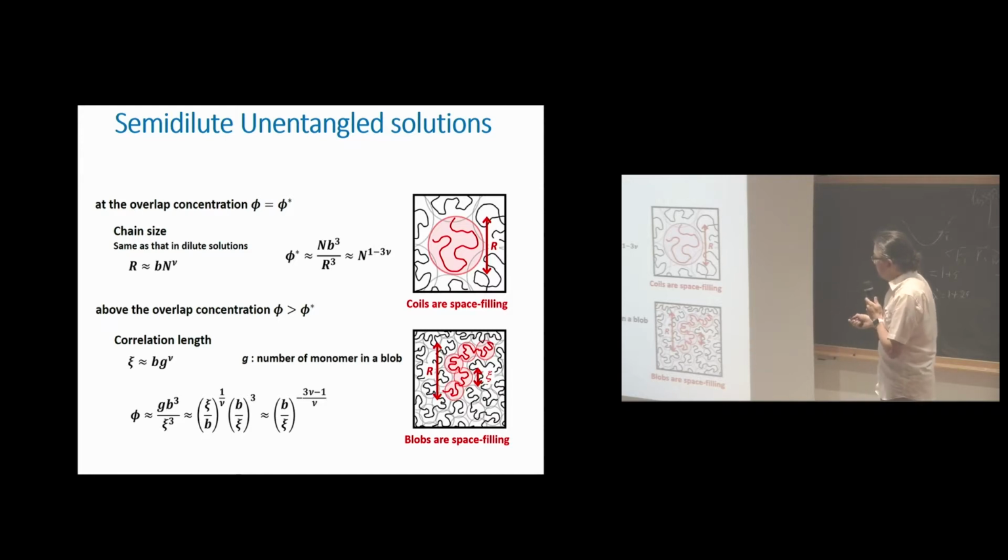Then the space is filled by coils, so the overlap concentration is equivalent to the volume occupied by Kuhn monomers in this chain. This is the volume of the chain, this is the volume of a Kuhn monomer, and this is its number. Then you know this relation already: phi star is N to the power of 1 minus 3 nu. So the size of the chain is related to the overlap concentration.